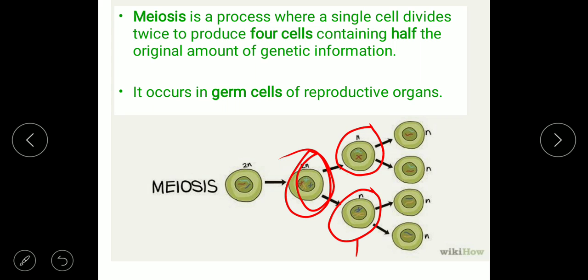After this division, these 2 cells again undergo meiosis-II cell division to form 4 daughter cells with haploid number of chromosomes.